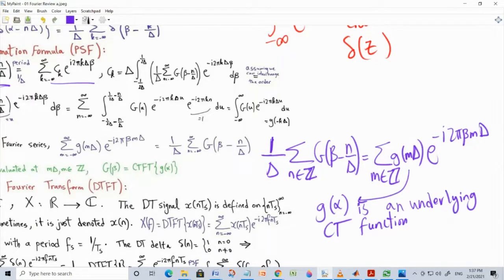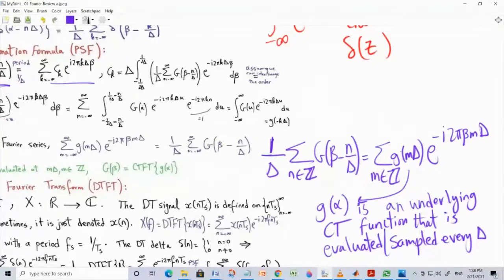And so what is g of m delta? It is the underlying continuous function evaluated, or sampled, every big delta. So that's g of m big delta, and it is multiplied by e to the minus i 2 pi beta m big delta.